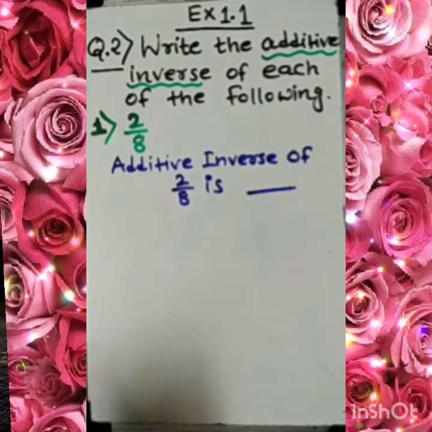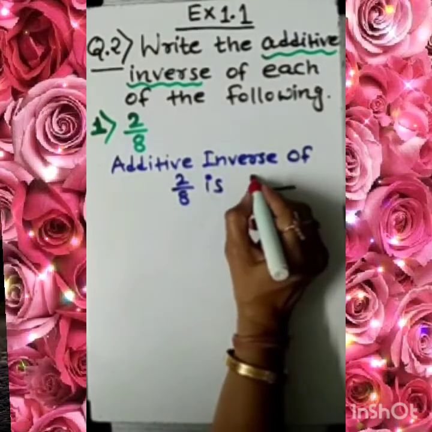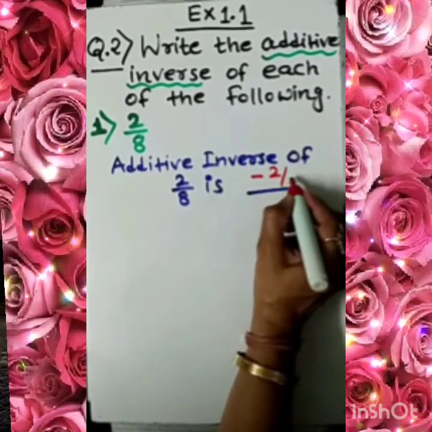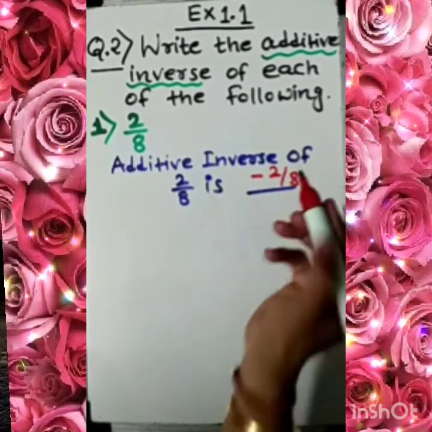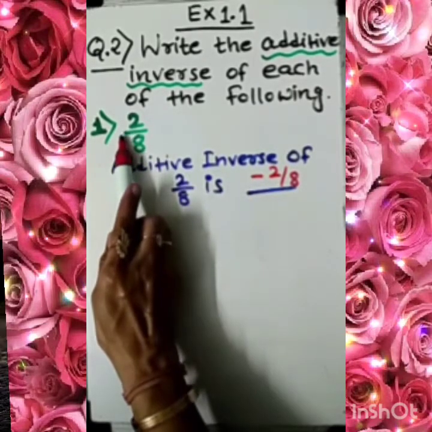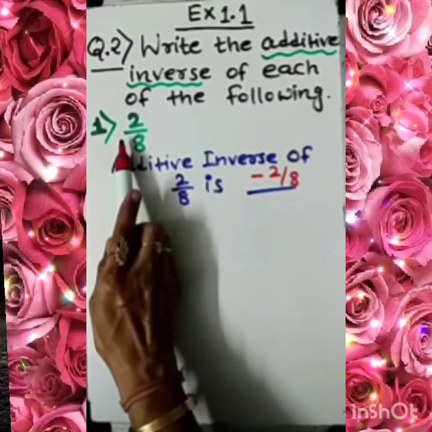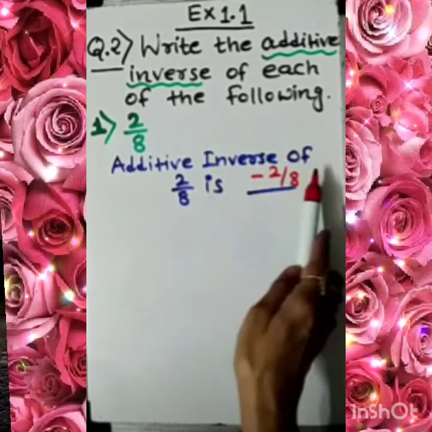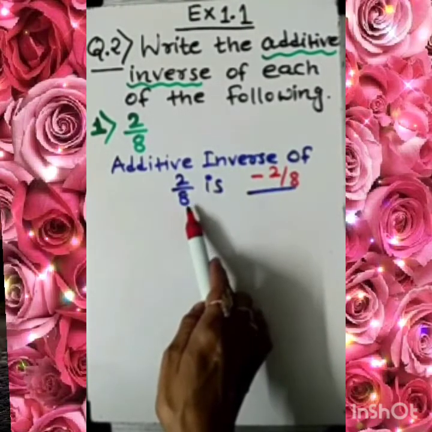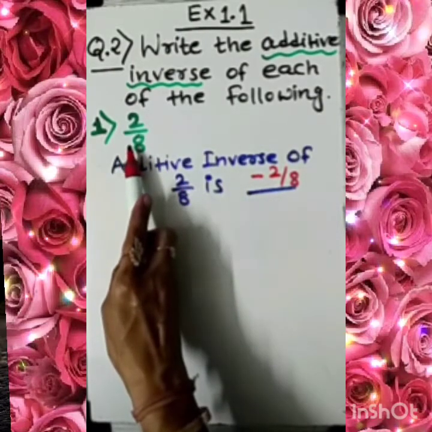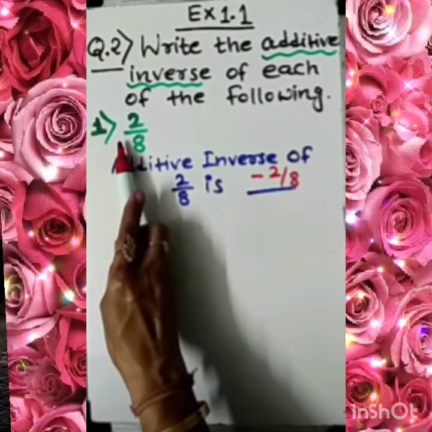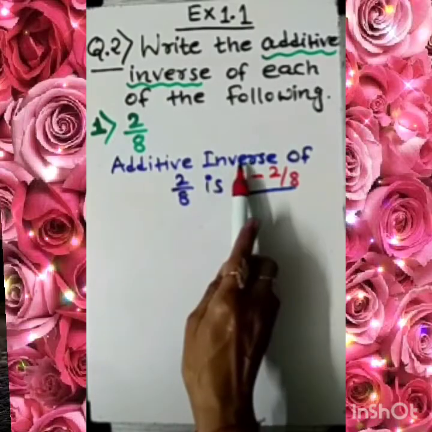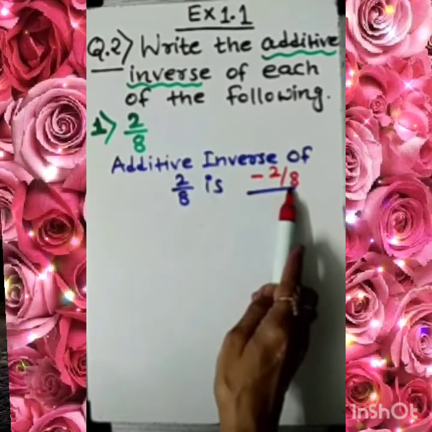Of course it will be minus 2 by 8. Please remember it is minus 2 by 8. Whatever the sign of this rational number, the opposite sign will become the additive inverse of the main number. Here our main number is positive, so its additive inverse will be negative of it. Clear to you?